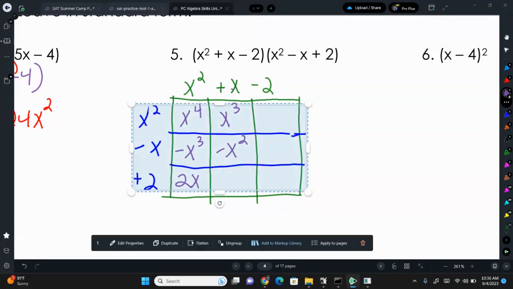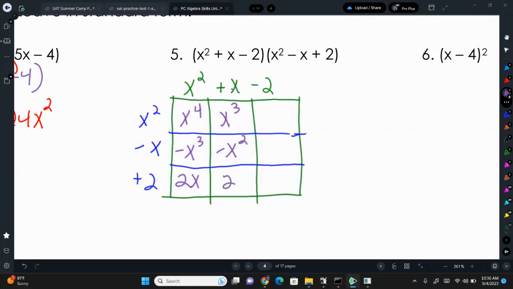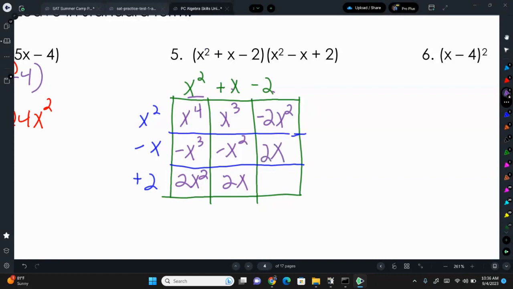X times 2 is 2x. Then our last row, negative 2 times x squared is negative 2x squared. Negative 2 times negative x is positive 2x. Then we have negative 2 times positive 2, that is negative 4.